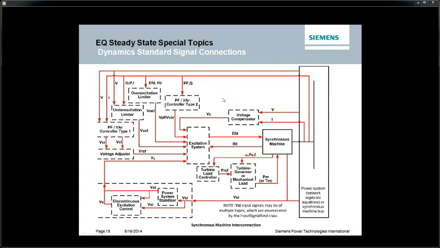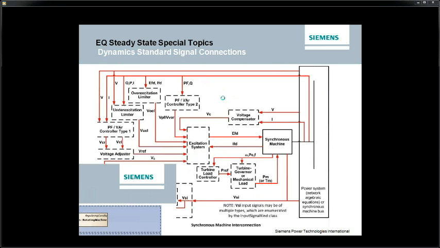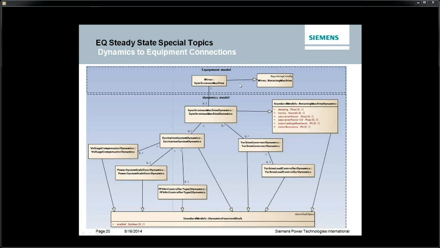Now, over on the CIM side, how that actually looks is in the equipment models, and this is only the synchronous machine side. We've also got an asynchronous machine model set up. We'll walk you through the synchronous side, and once you get a handle on this, the asynchronous side is similar. Synchronous machine is a specialization of rotating machine, located in the equipment model.